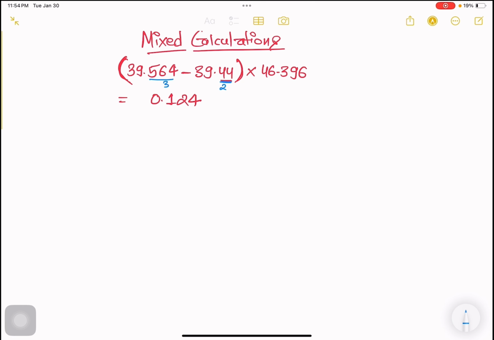So my answer can have only 2 digits after the decimal point. However, the very important thing is you cannot round until you finish the calculation. So inside my mind, or somewhere on the side, I will write this as 0.12, okay, because the next digit is 4, so it will remain like this, and it has 2 sig figs, but I will not round it off.